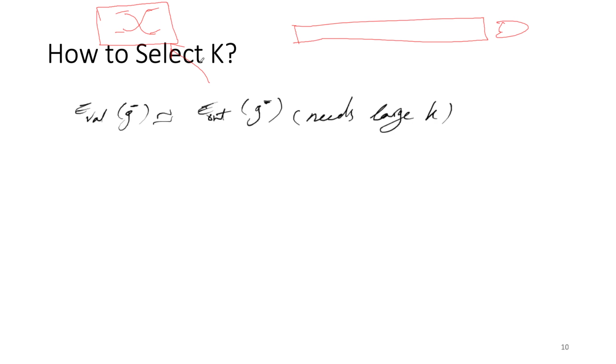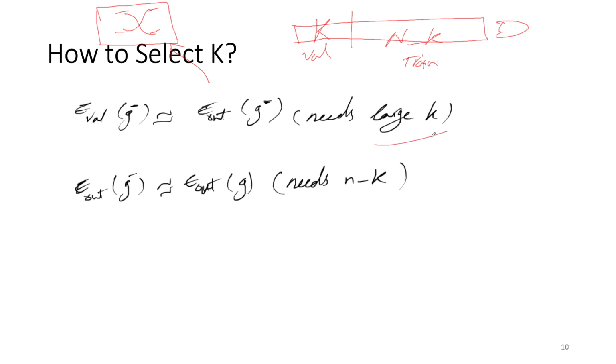This would come from there. And you allocated k of those for val and n minus k to train. So in order for these two to be super close to each other, you need to have a large k, right?